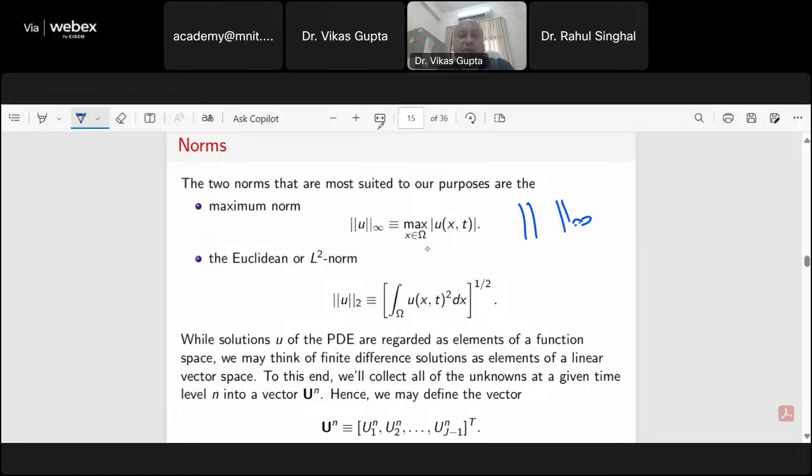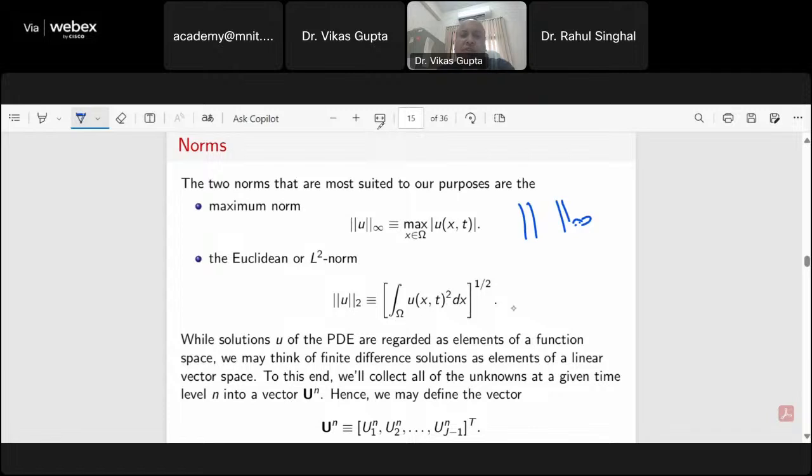Note that the maximum is taken over the spatial domain only. In the same manner, the Euclidean norm is defined as the square root of the integral of the square of u(x,t), and note that the integral is taken over the spatial domain only.